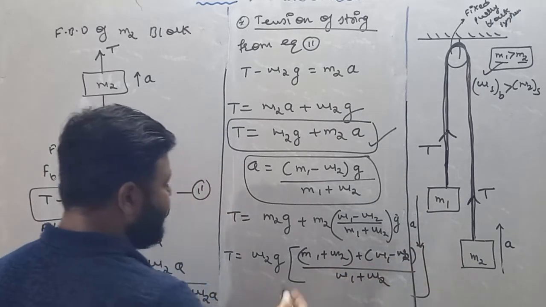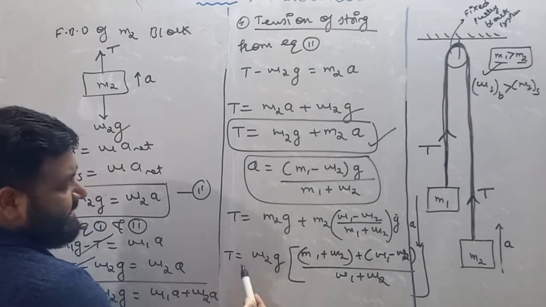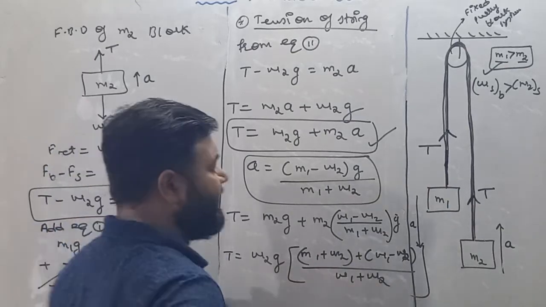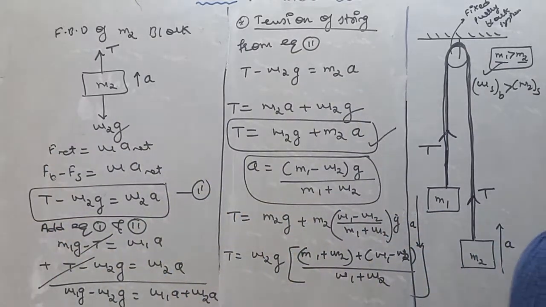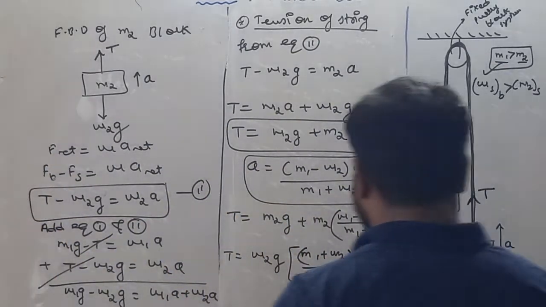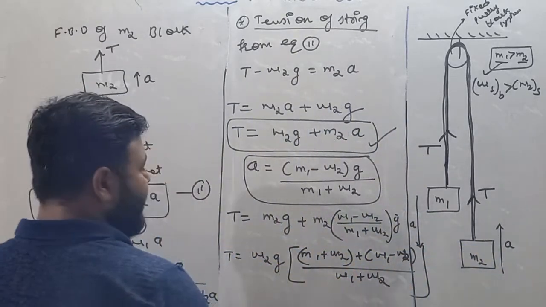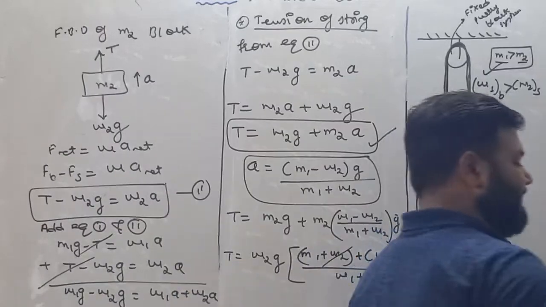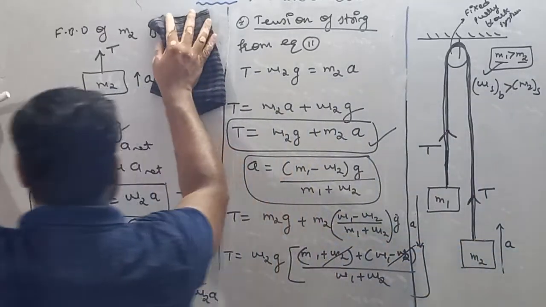I hope you all understand. m2g is taken common, so here it will be 1. So m1 plus m2 plus m1 minus m2. Now see, one m2 is plus, one m2 is minus, so m2 gets cancelled. m1 plus m1 is 2 m1.